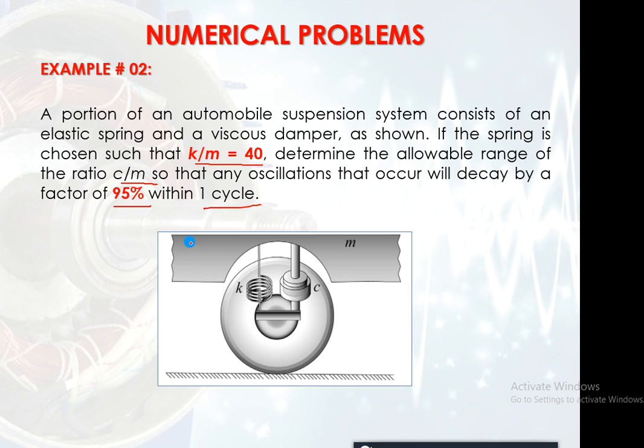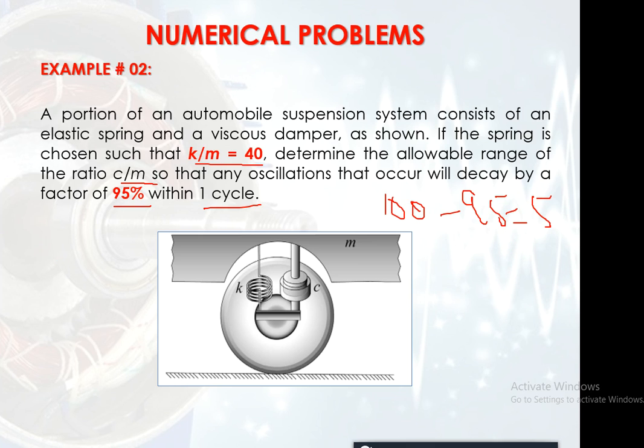In other words, if the initial amplitude of the body is 100%, then after one cycle, the final amplitude of the body should be 100% minus 95, that will be only 5%. So the remaining amplitude will be only 5%. After one cycle, the amplitude left is only 5%.